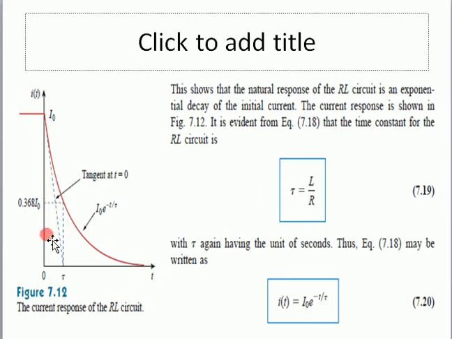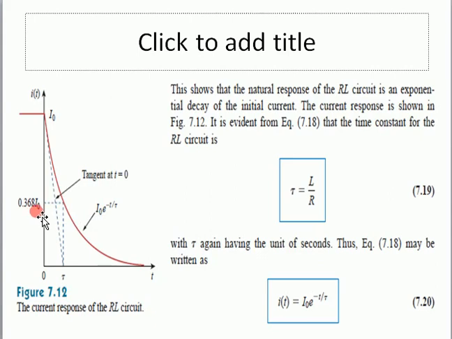From here you may see that at 0 we have the maximum current, I of 0 equal to I naught, and it decreases gradually as I naught e raised to the power minus t over tau. From here we can get the value of tau, where the current equals 0.368 I naught.